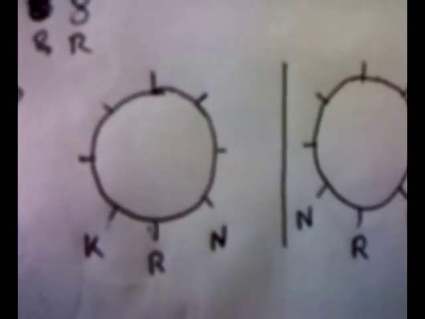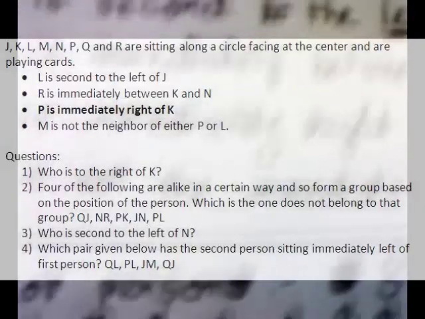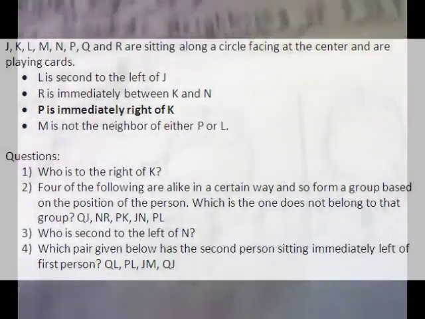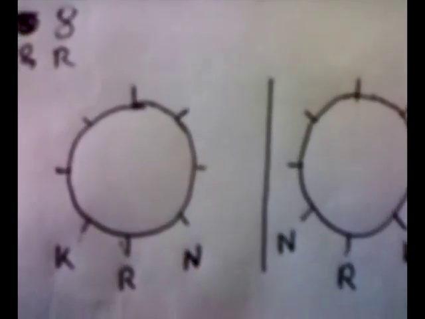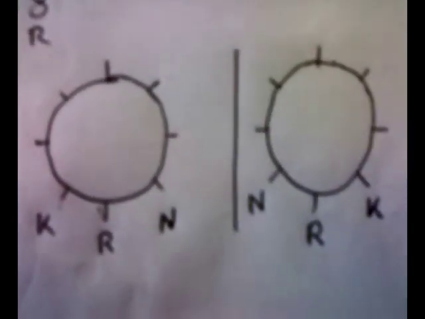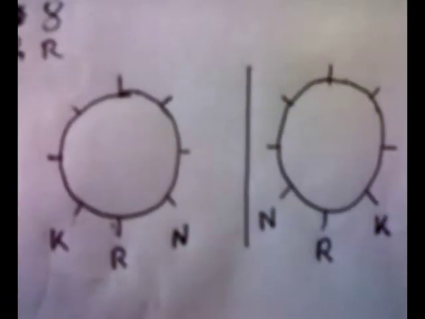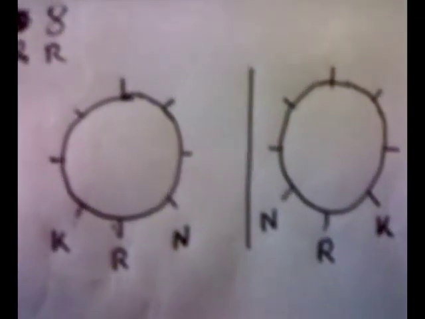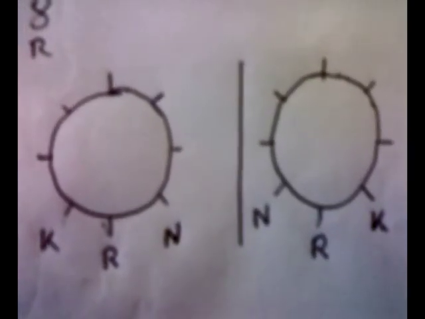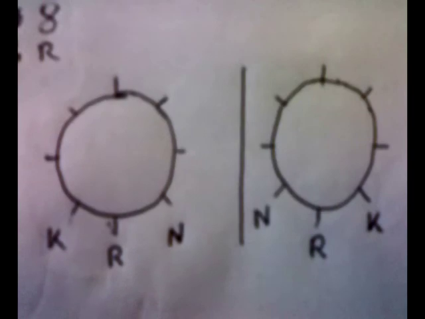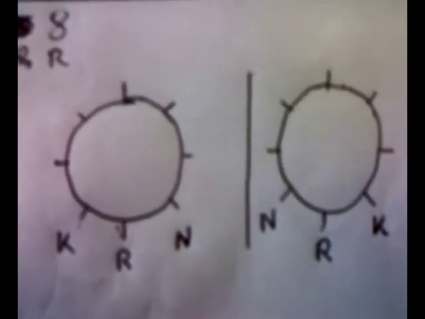So the second condition is followed. Now read the third condition. It says P is immediately right of K. Now remember, whenever we draw the possibilities, I mean 2 circles or 3 circles, only one circle will be right. So from these 2 circles, one circle will be wrong and one circle will be right.